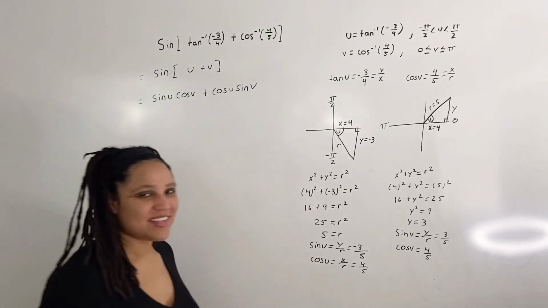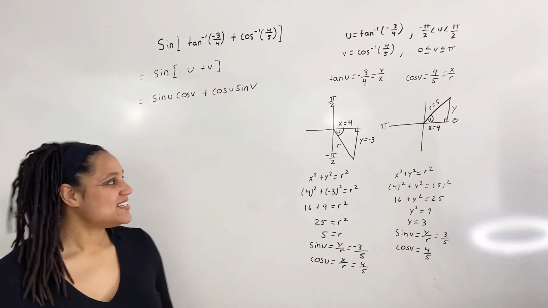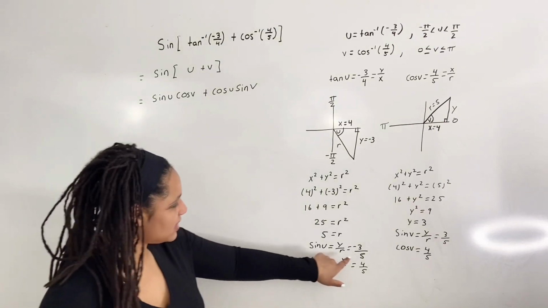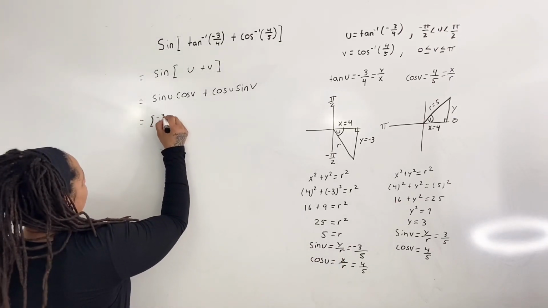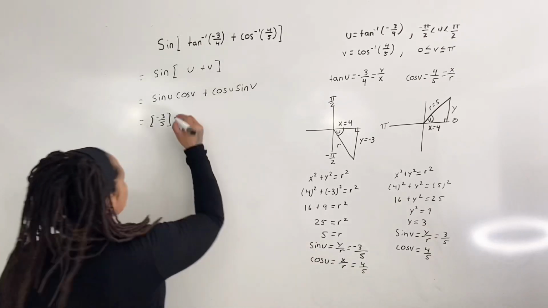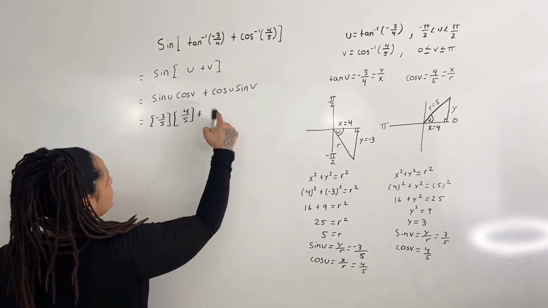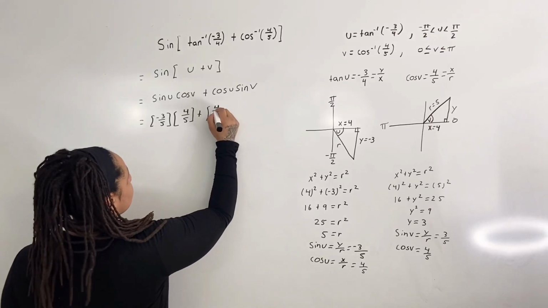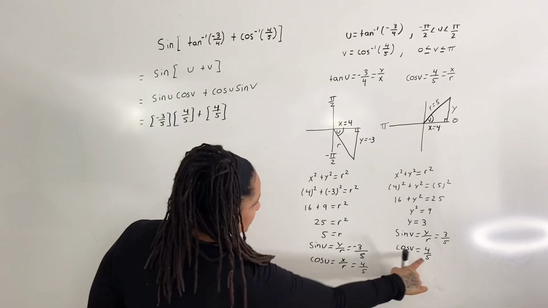Now we have everything we need to complete our problem here. So sine of u is -3/5. Cosine of v is 4/5. So here we have -3 over 5 times 4/5 plus cosine of u, which is 4/5, times sine of v, which is 3/5.